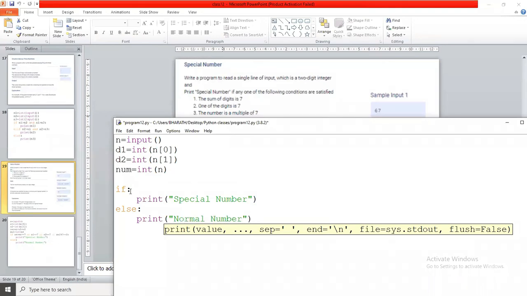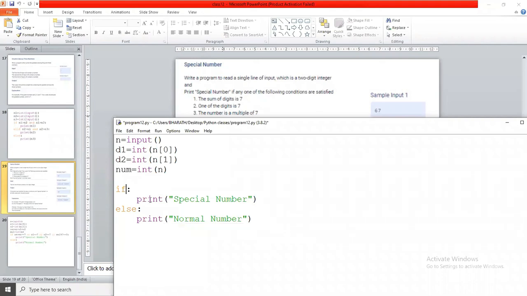What are the conditions here? The first condition is that the sum of the digits is 7, so d1 plus d2 equals 7, or any of these digits equals 7, that means d1 equals 7 or d2 equals 7, or the number num percent 7 equals 0.